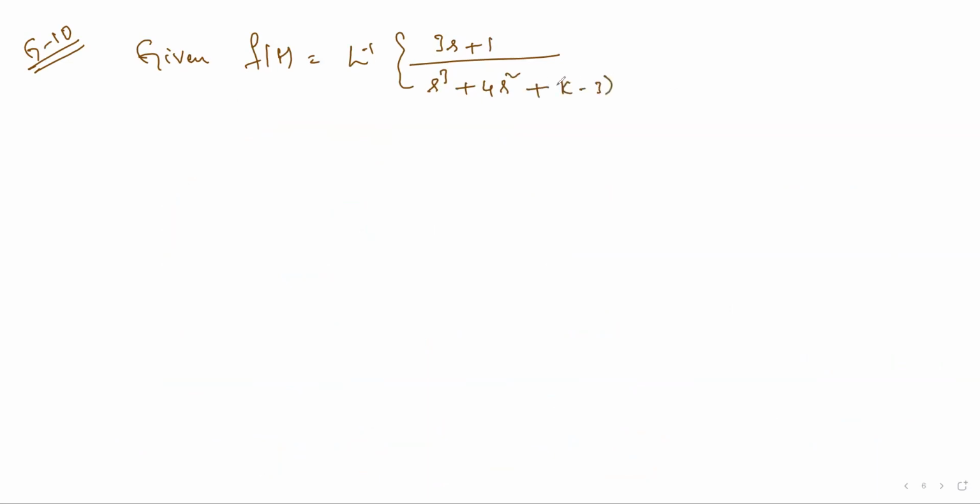It is given f of t equal to inverse Laplace transform of 3s plus 1 divided by s cube plus 4s square plus k minus 3s.